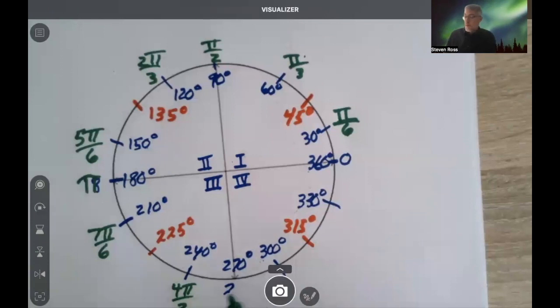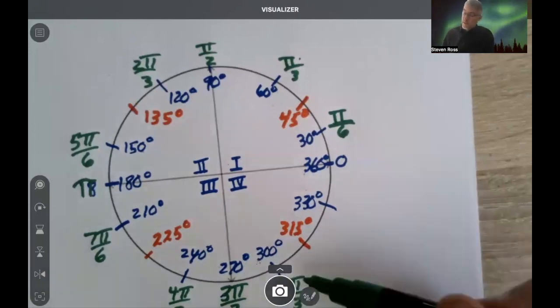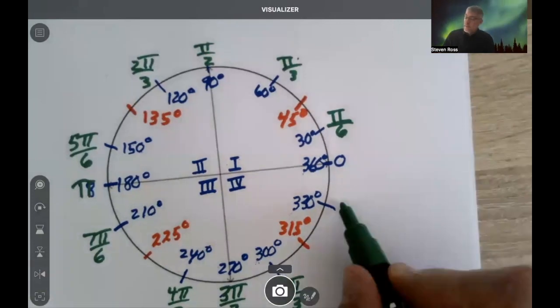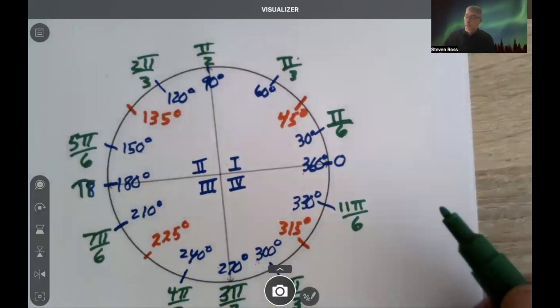And then what do we got? 9 pi over 6 is going to be 3 pi over 2. 10 pi over 6 is 5 pi over 3. And then what are we at? 11 pi over 6, 11 pi over 6.